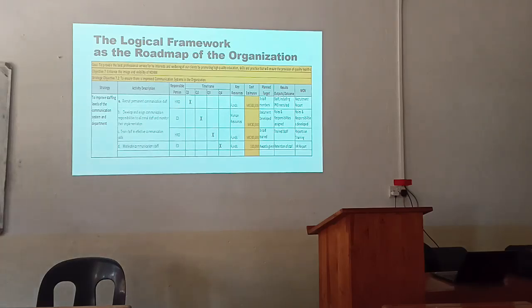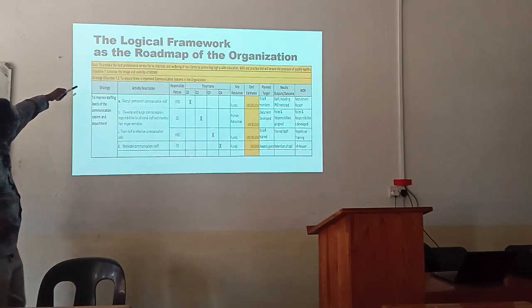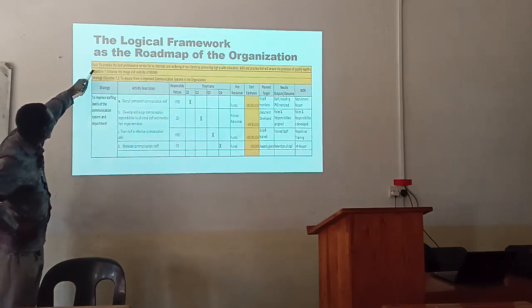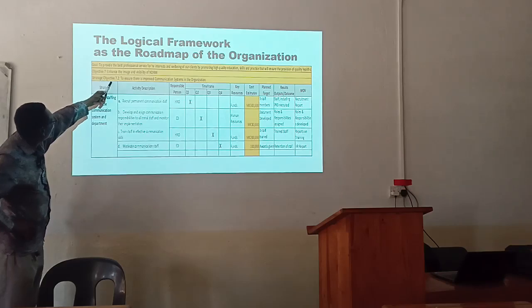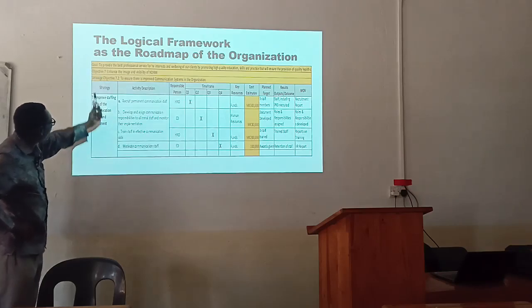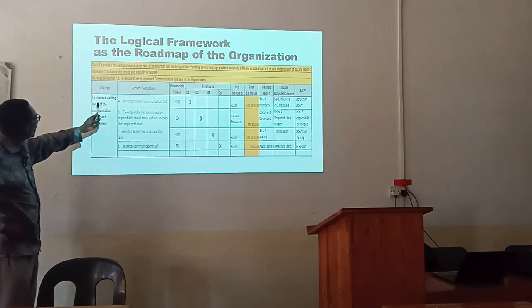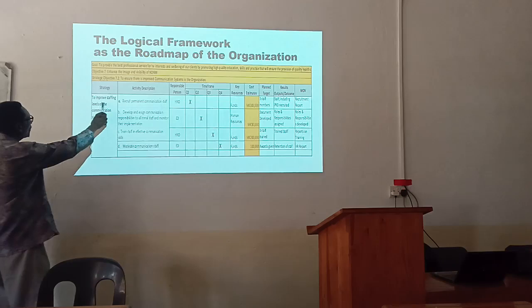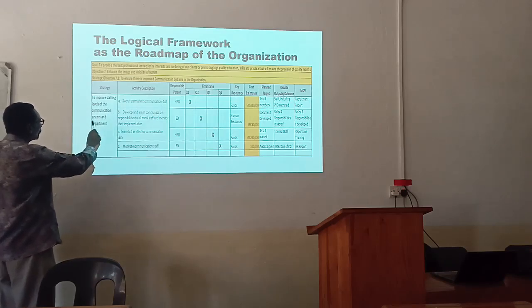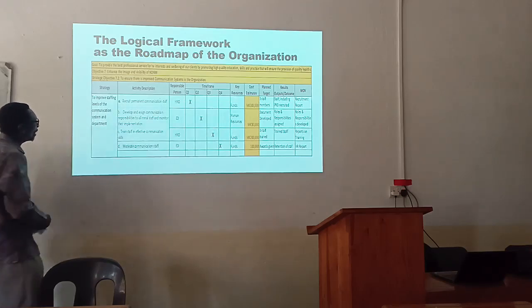Now here, we are bringing it up so that we can activate it into a plan to put into action. So we have a goal, we have a strategic objective, the big one, and a strategy for each area. This is just one area. Here, the strategy was to improve staffing levels of the communications systems and departments.